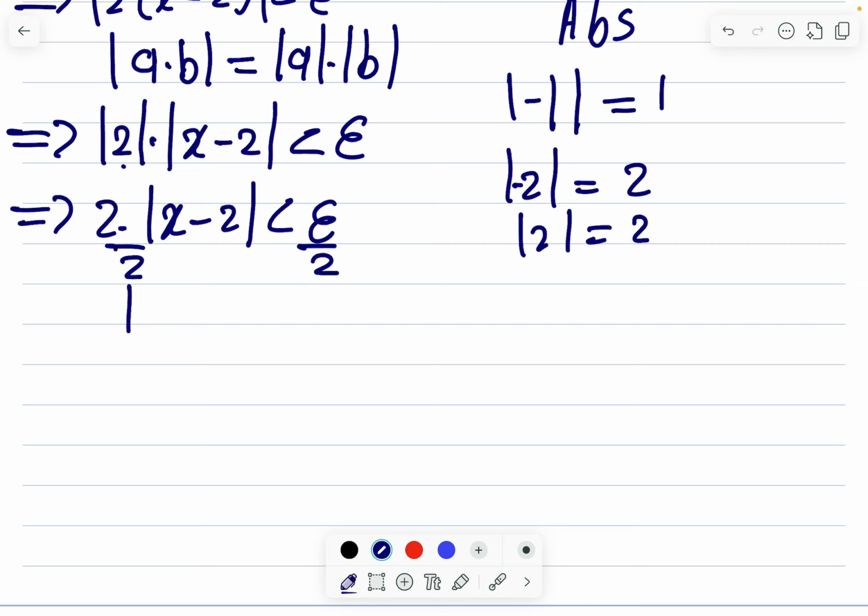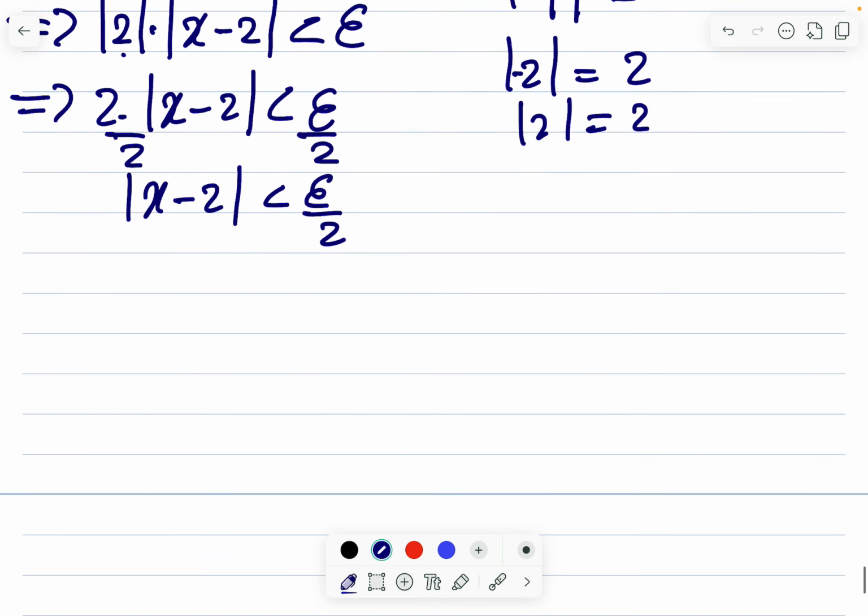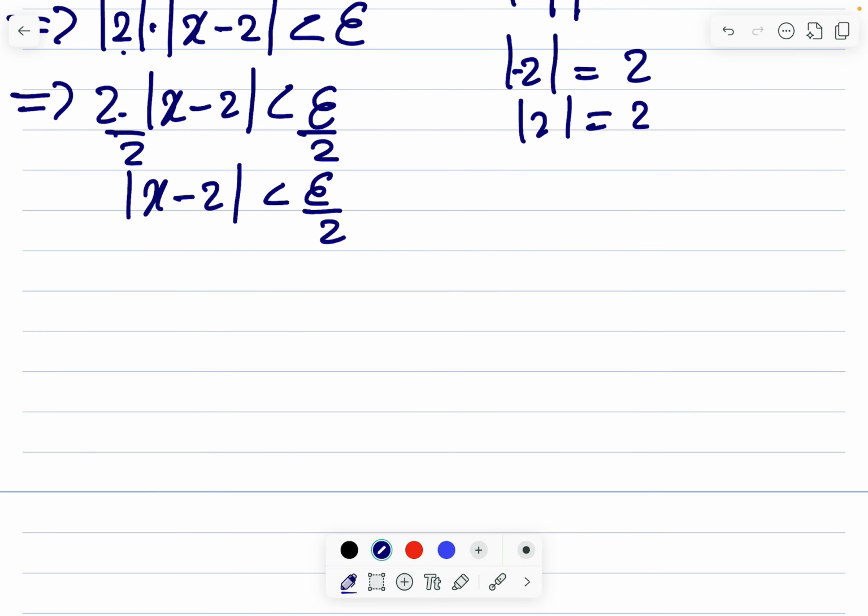Therefore, I'm going to have |x − 2| < delta over 2. So when you reach this point, you are going to choose, or guess. You are going to choose epsilon equals delta over 2. Understand?